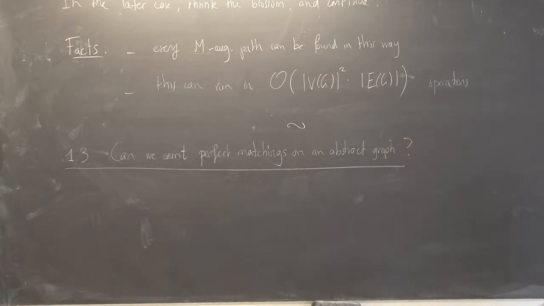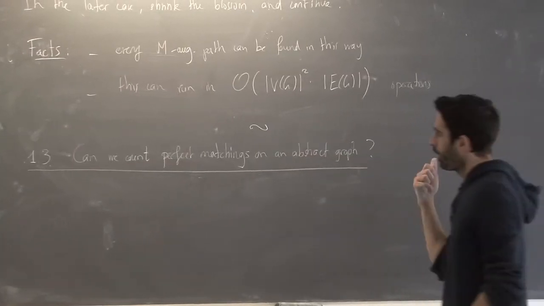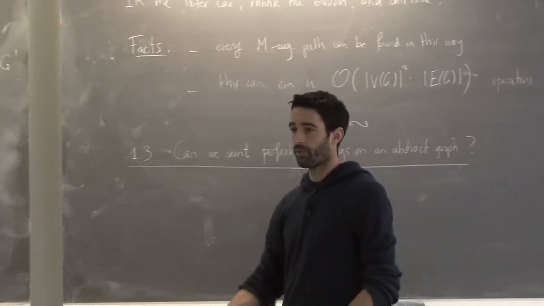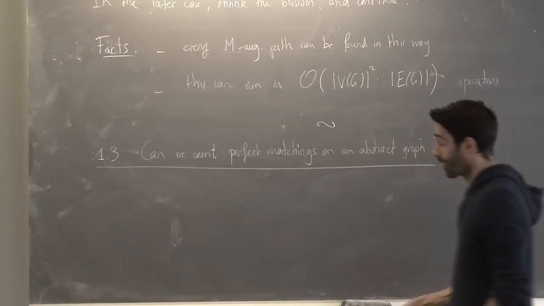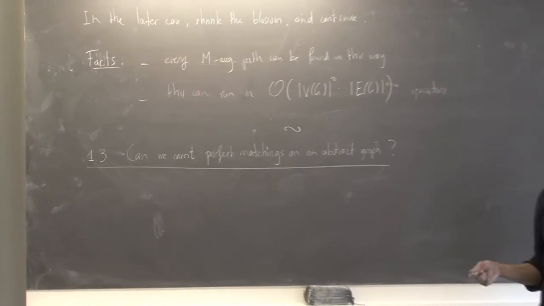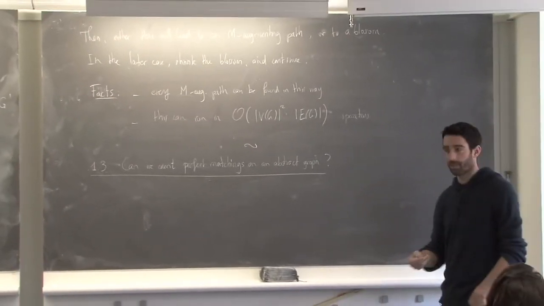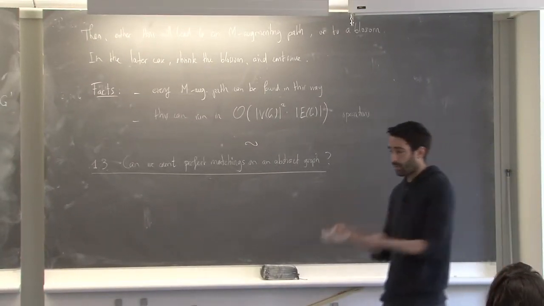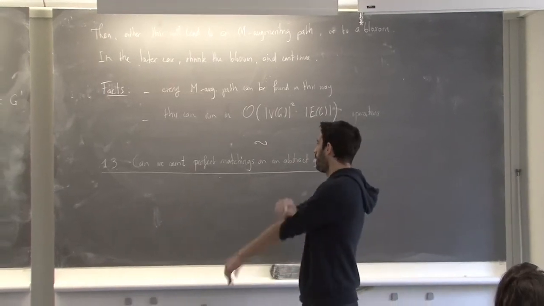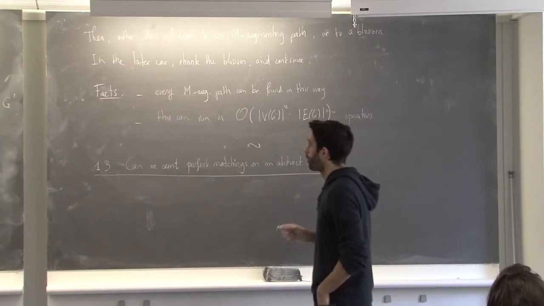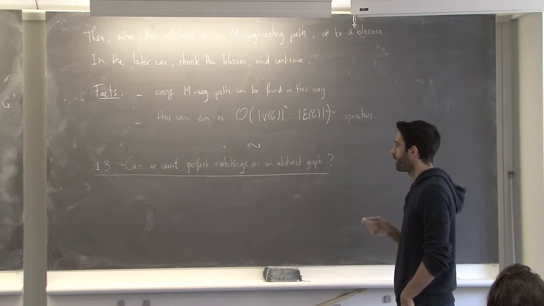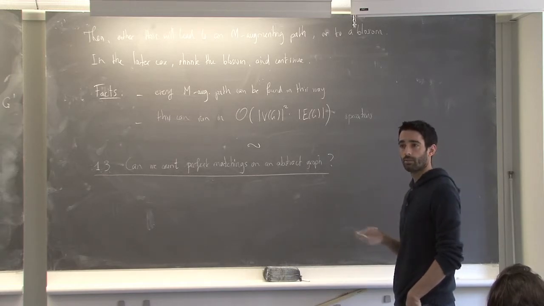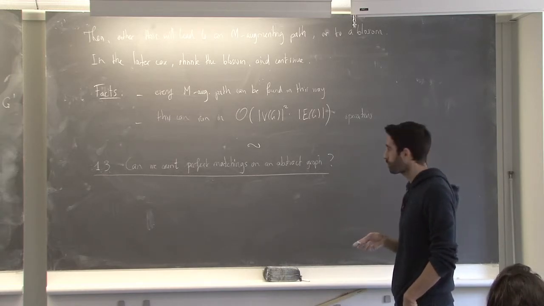So we answered positively all the questions so far. Can you tell whether a graph has a perfect matching? Yes. Can you actually give yourself one if there is one? Yes, you can do better. You can actually give yourself a maximal matching, and okay, then you can tell whether it's perfect or not. You can do all of this in polynomial time, no problem. So now the question is, can you actually count the number of perfect matchings in an efficient way?